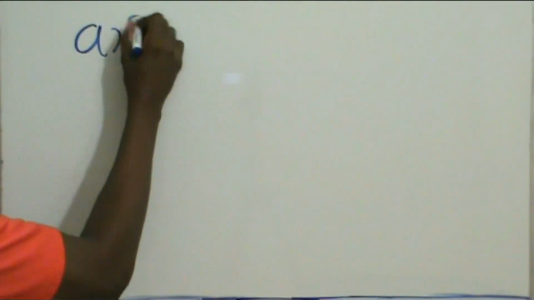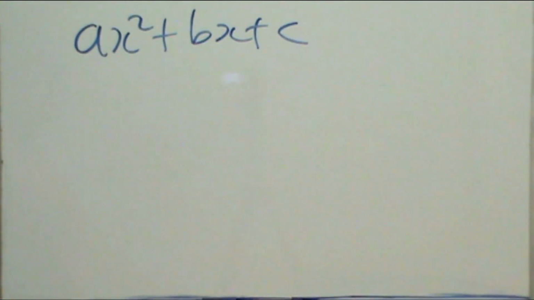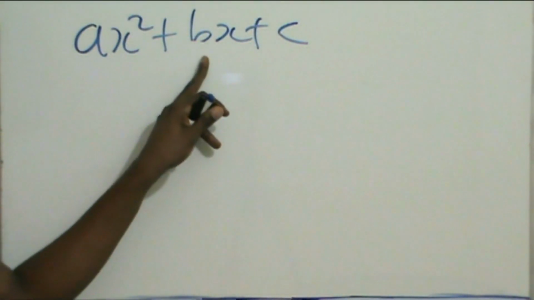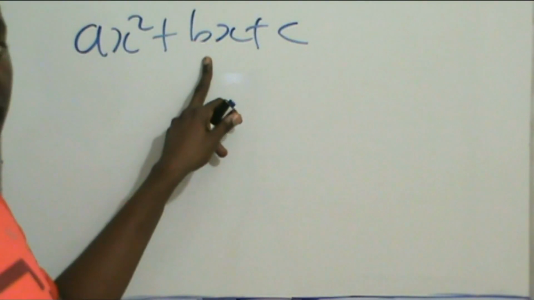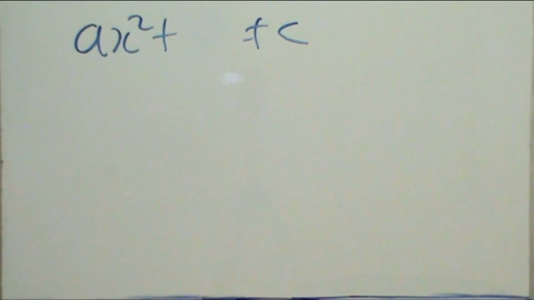So remember that the general quadratic is ax squared plus bx plus c. What happens if your b is equal to 0, if the coefficient of x is equal to 0? Then this term will disappear.